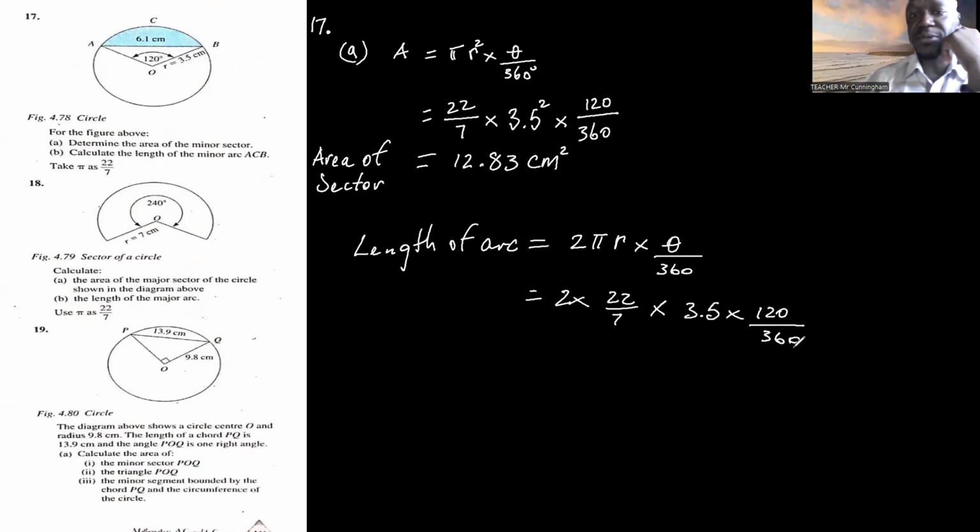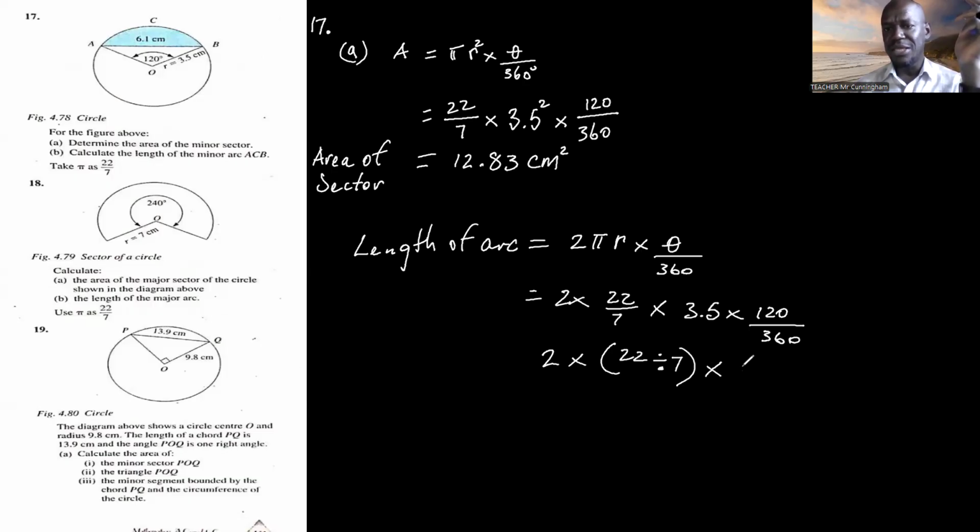Use your brackets. So if you have 2 multiplied by, you have to open bracket 22 divided by 7 and close bracket. Then multiply by 3.5, then multiply by open bracket 120 divided by 360 and close bracket.